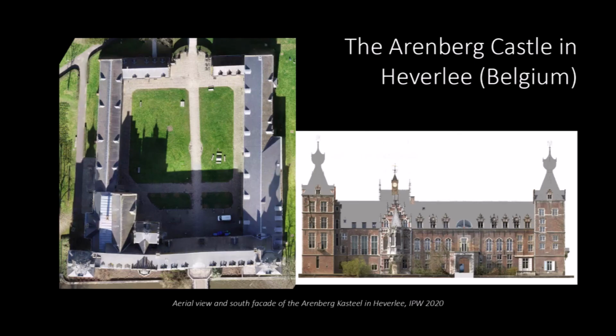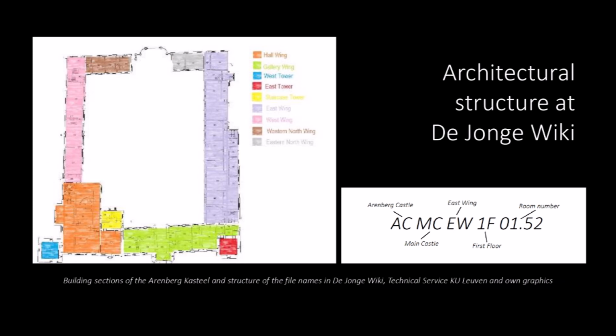The purpose of the De Jonge Wiki is to document 25 years of research on building history on the Arenberg Castle in Heverlee. It is also the goal to incorporate and supplement new findings as simply as possible. In order to be able to specifically address individual elements here, the building complex was divided into different categories and subcategories.